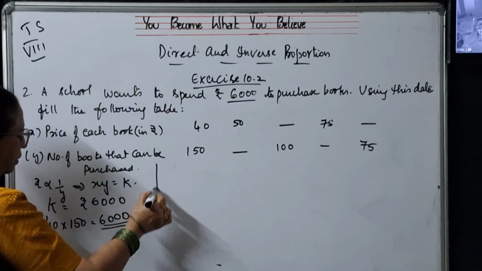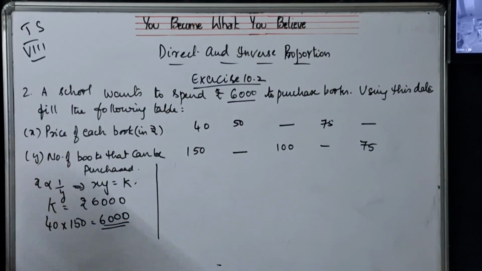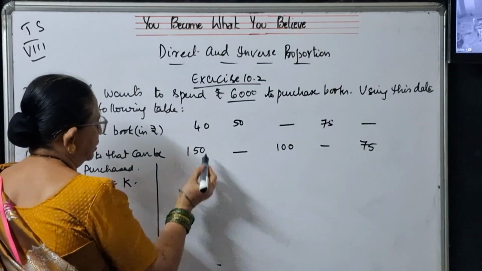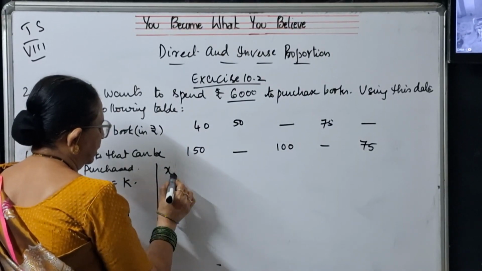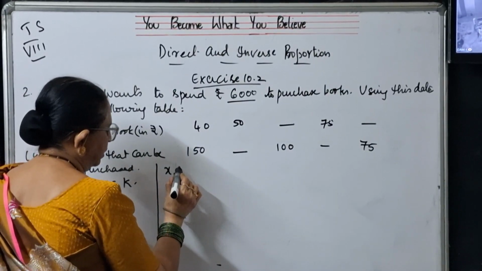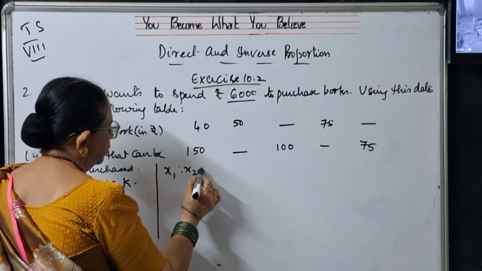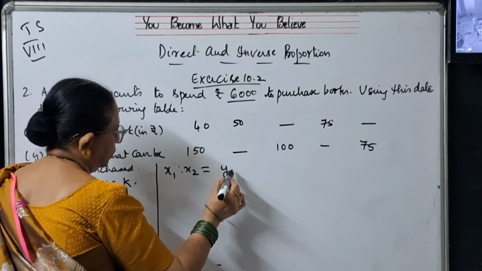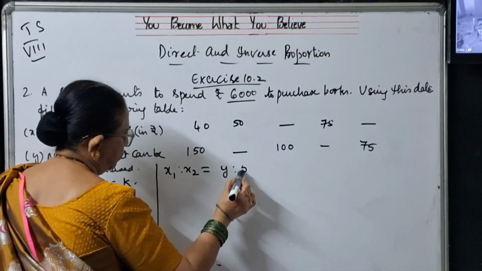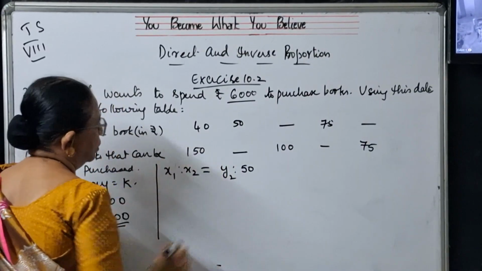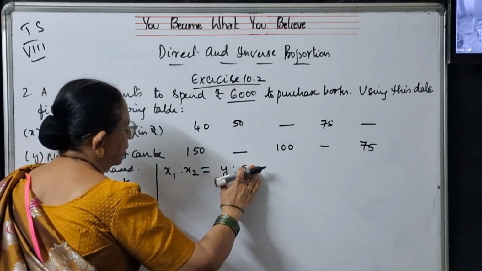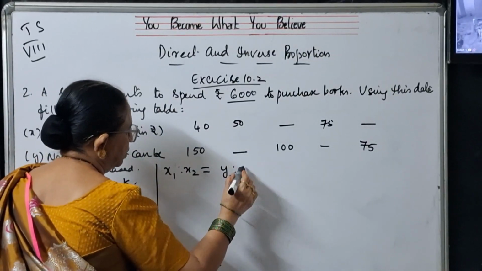So, what can you say? This is considered as x1. This is x2. x1 is to x2 is equal to y2 is to y1. Okay, I will write y2 is to y1, and afterwards I will write the values.